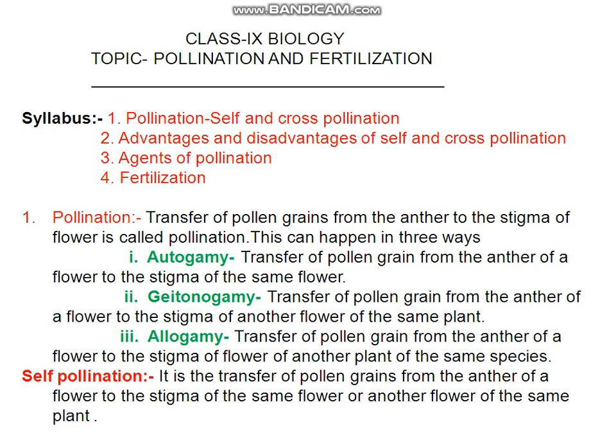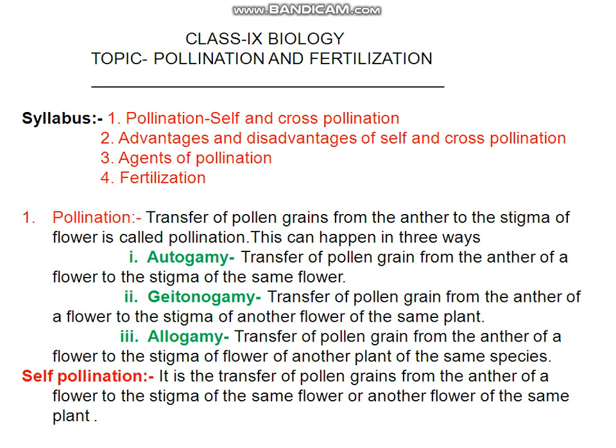That is why the transfer of pollen grains from the anther of a male flower to the stigma of a female flower of the same plant is called geitonogamy. These two are included in self-pollination. That means when you have to give the definition of self-pollination, these two answers will be there.